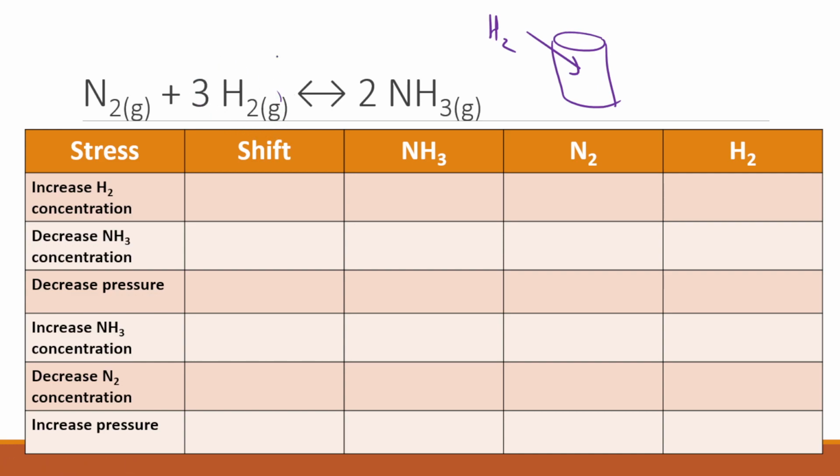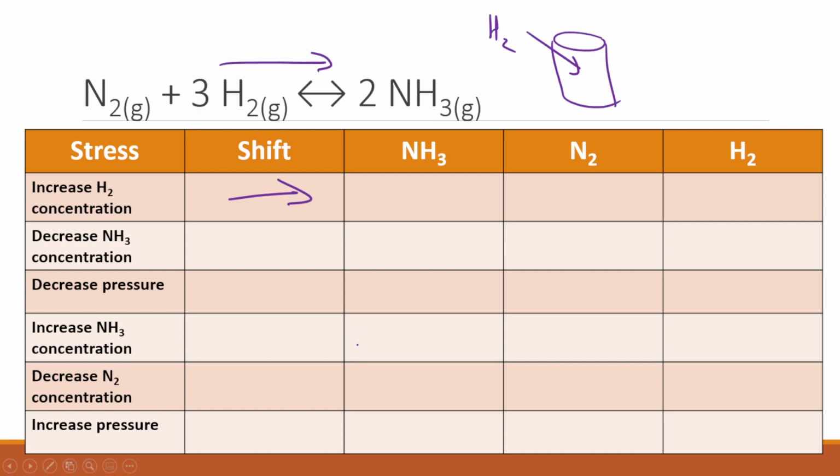By adding more H2, it will cause the N2 and the H2 to collide more frequently. It does not affect the NH3, but it will cause the left side of the reaction to collide more frequently. It will mean the forward reaction speeds up. We're going to shift to the right.